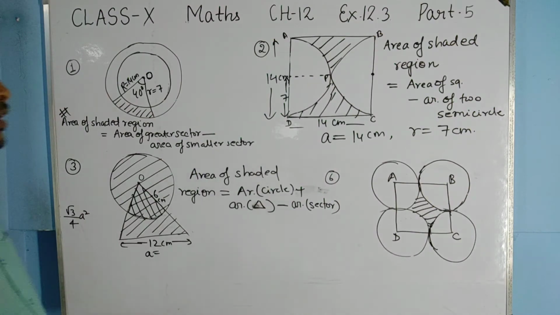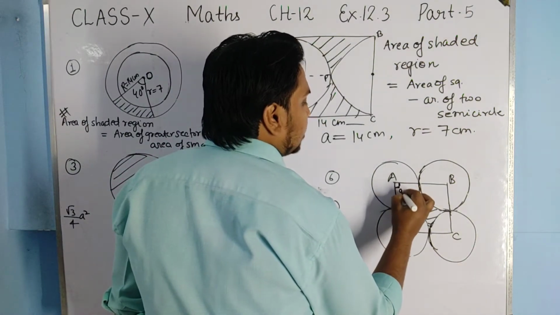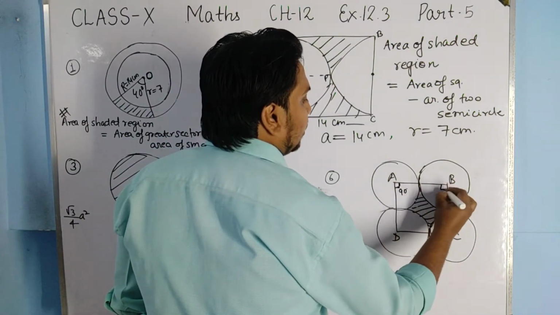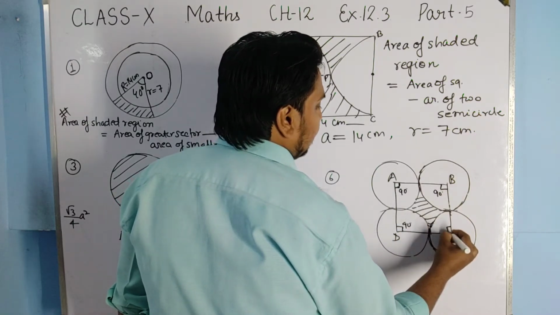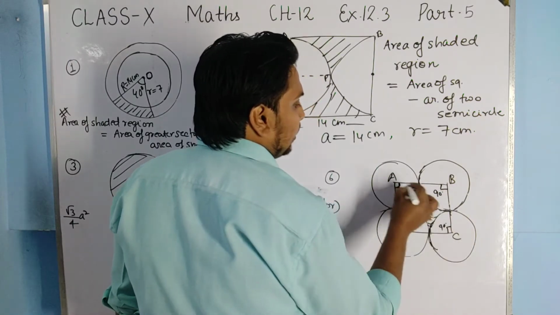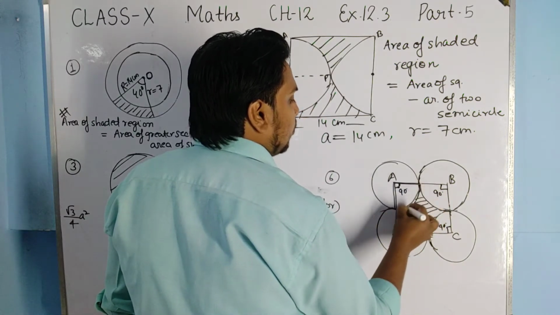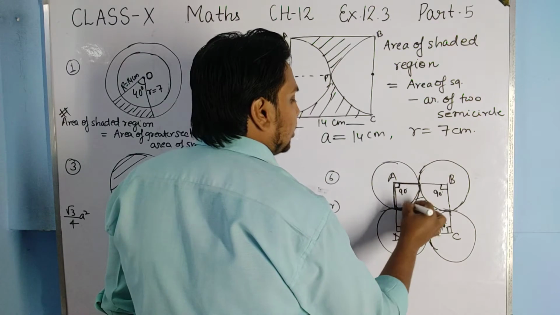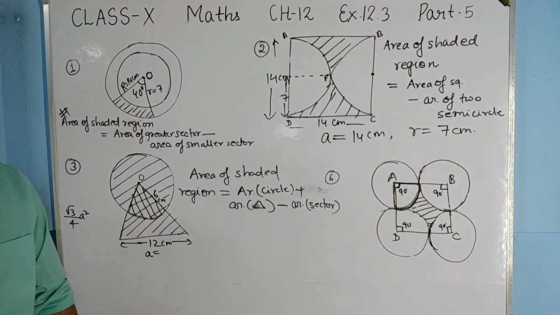See, since it is a square, all its angles will be of what? 90 degree. 90 degree means we can say that the shape of this is what? Quadrant. Okay, these are the shape of a quadrant whose radius is equal to what?